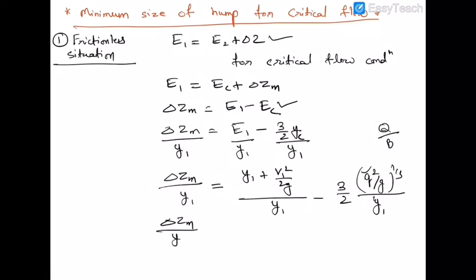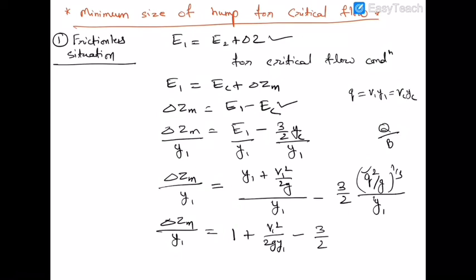Delta Zm divided by y1 is equal to, this will become 1 plus v1 square upon 2g y1, minus 3/2. What is small q? Small q is equal to v1 y1 is equal to vc yc.